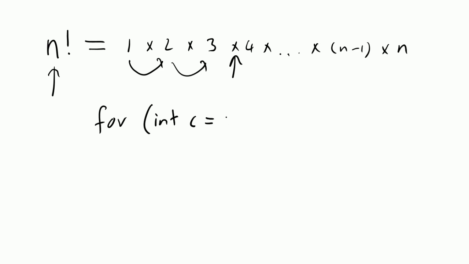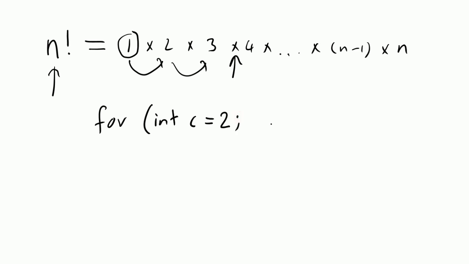So we can either start with 1 or 2, but 2 is better because we can skip multiplying with 1. Because later, we will initialize our accumulated multiplication with 1.